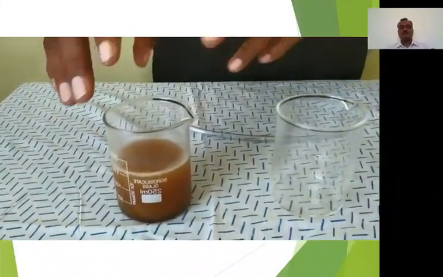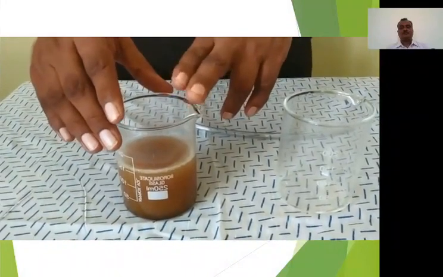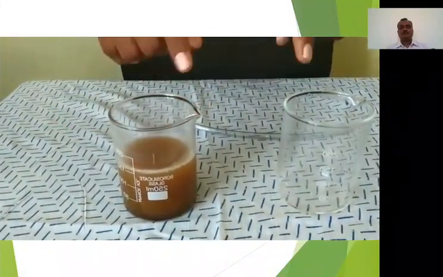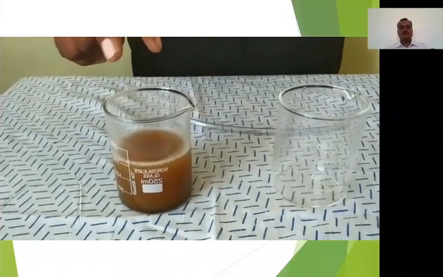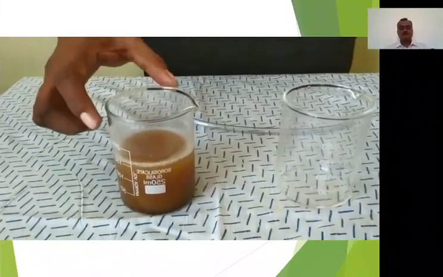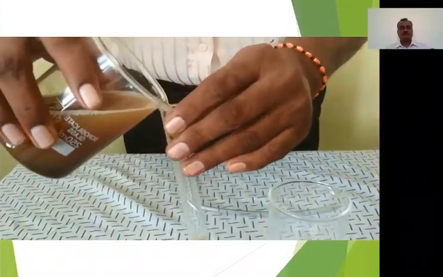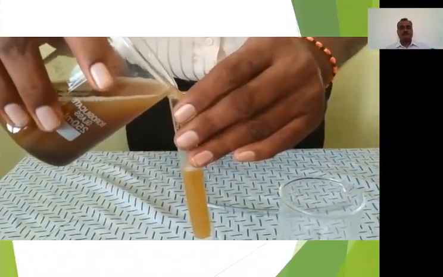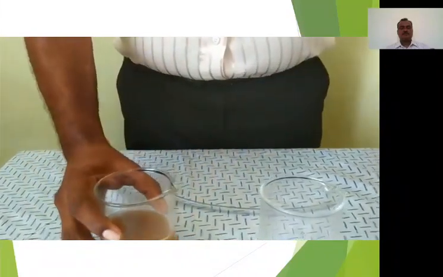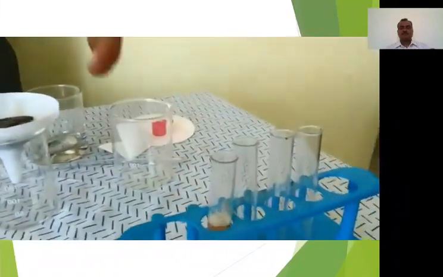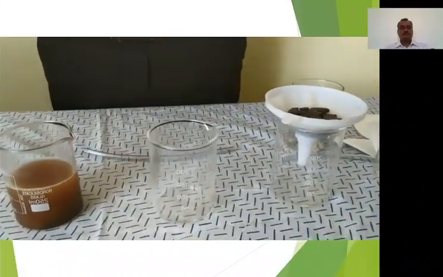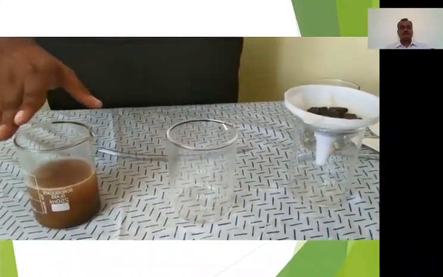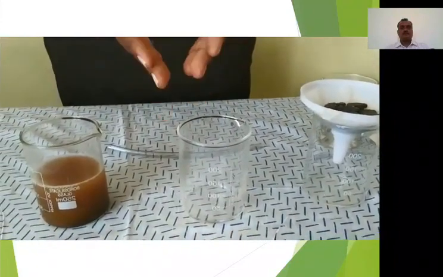From this, pour a small amount of sample into a test tube and label it as sample 1, that is before treatment. This is sample 1. Now I am taking a small amount of sample in another beaker for aeration.